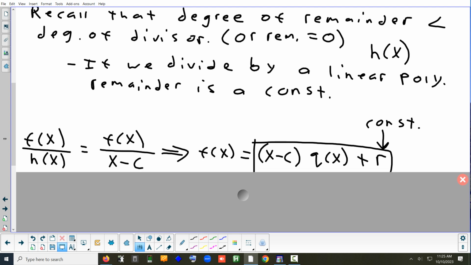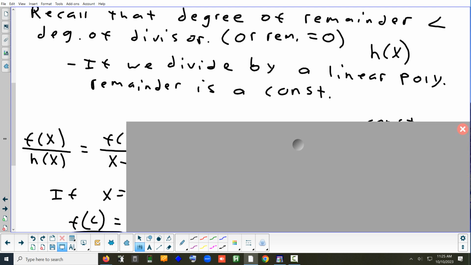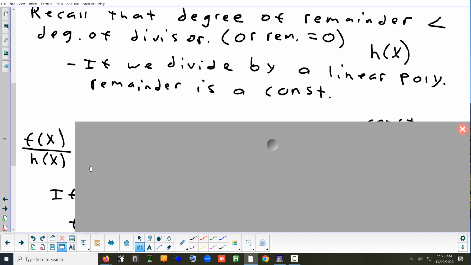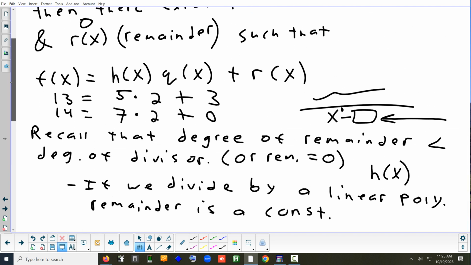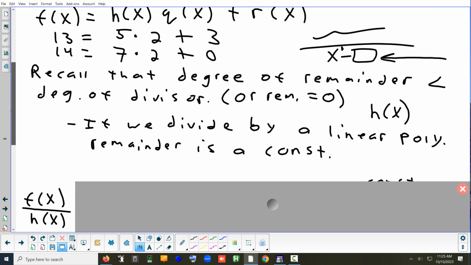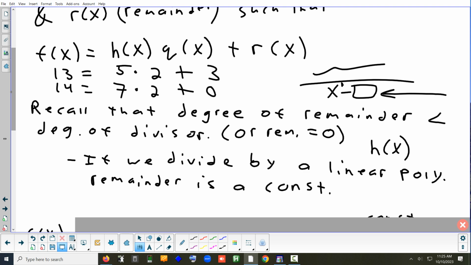So let's take that formula that we just had. Where was it? Right here. F of x equals h of x times q of x plus r of x. And let's apply it specifically to the case where you divide by x minus a number.